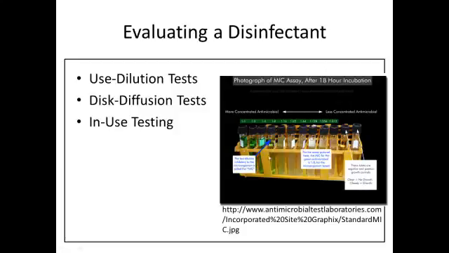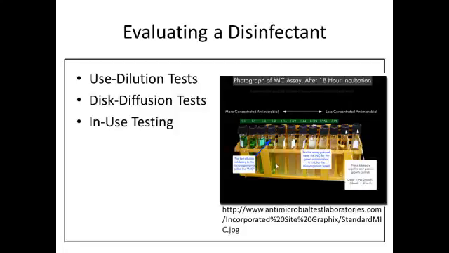And we look and we see where the tubes become turbid. Right here you can see it's turbid, right here you can see it's not. Right here is the minimum concentration of the disinfectant that has inhibited growth of the microbe. Now at this point we don't know if the active ingredient is killing the microbe or stopping it from growing, and depending upon what you do, doesn't really matter.